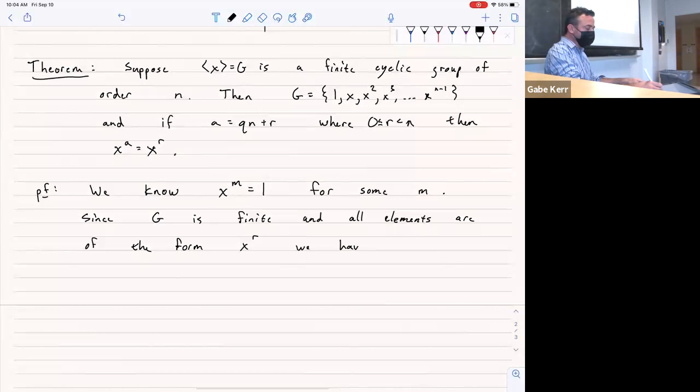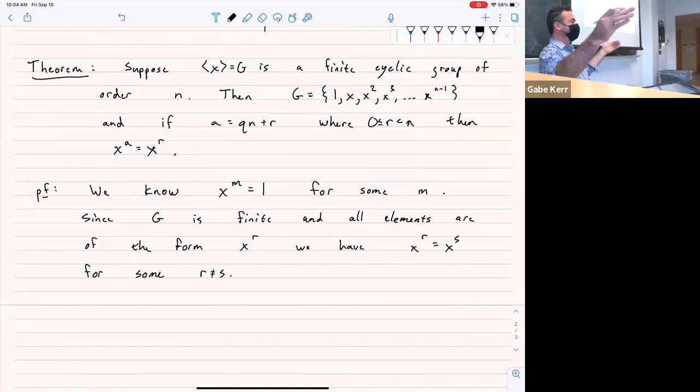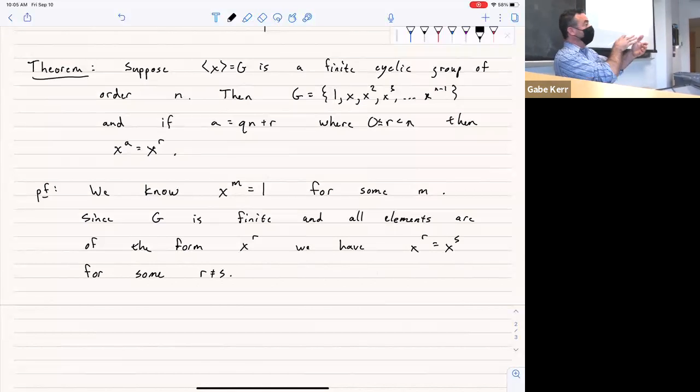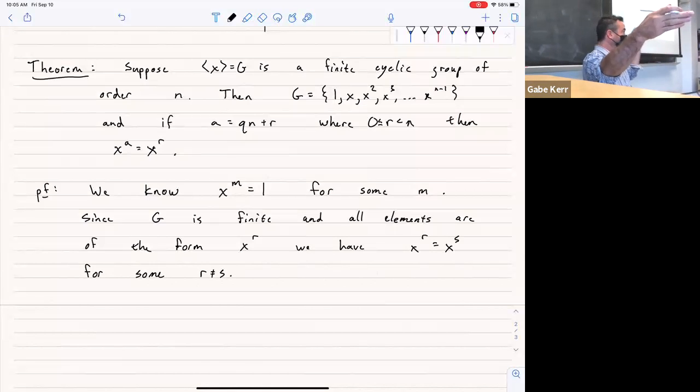We have X to the r equals X to the s for some r not equal to s. In other words, after n steps, once we get to X to the n, if we have n distinct elements 1 through X to the n minus 1, X to the n must equal something in there. Right?